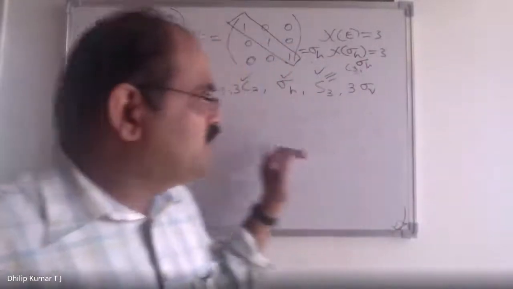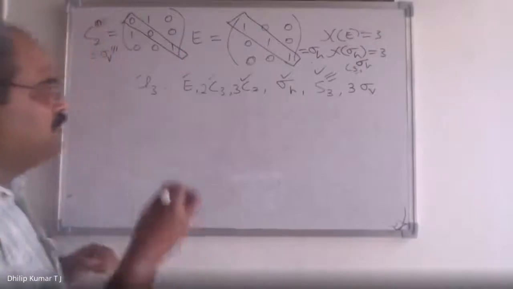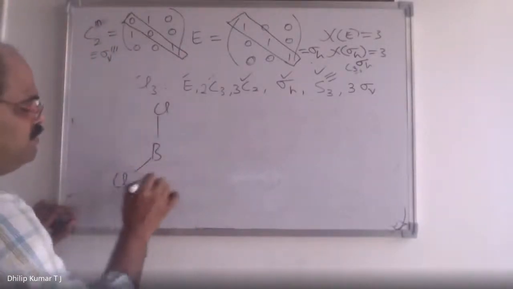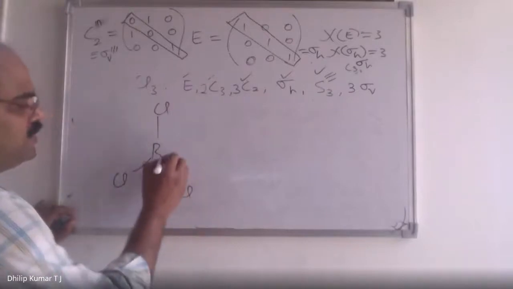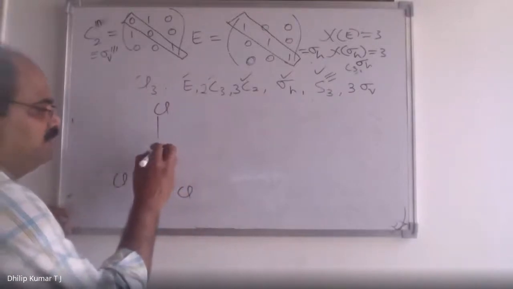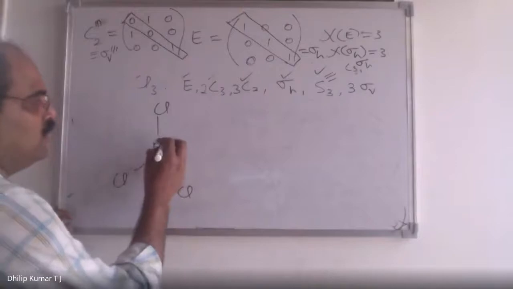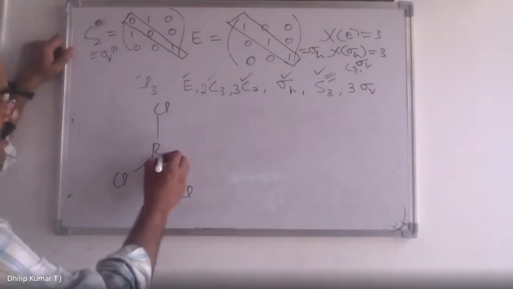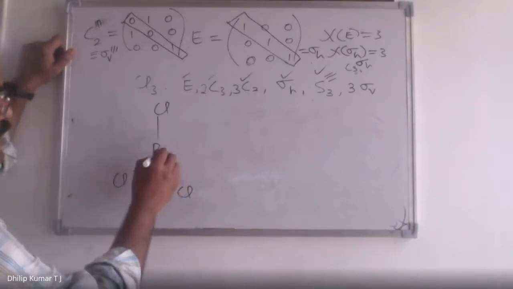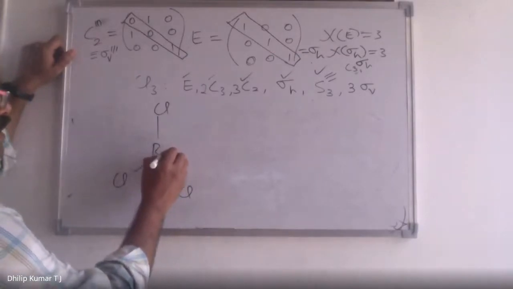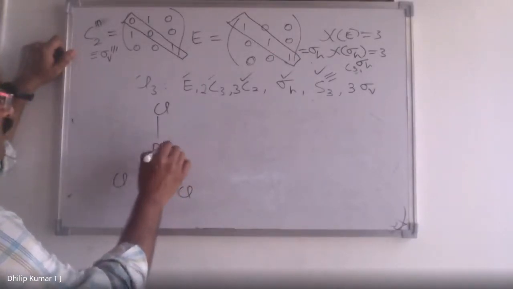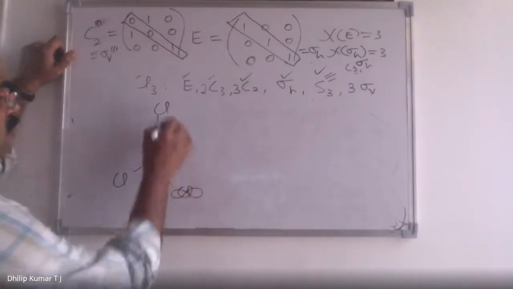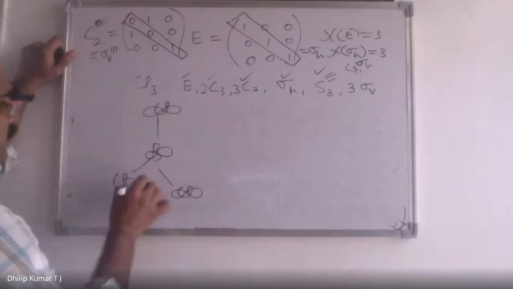Here also we consider only 3 atoms, right? A 3 by 3 matrix. But there are 4 atoms in this BCl3. Boron also has a p orbital, right? And chlorine also has p orbitals.